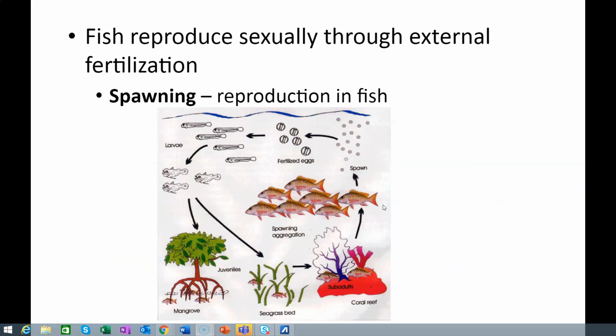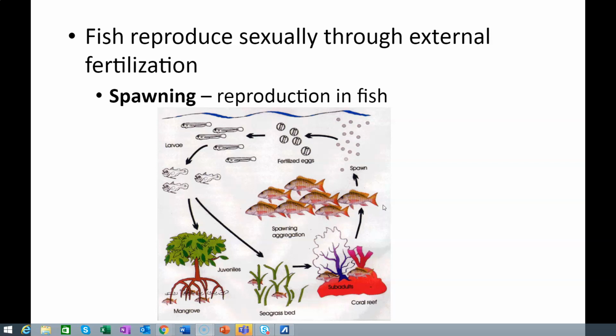As far as reproduction, the majority of fish reproduce by external fertilization, okay? Which means large amounts of eggs and sperm are released at the same time, for the most part. So it's like a catch me if you can situation. The process of egg release is called spawning.